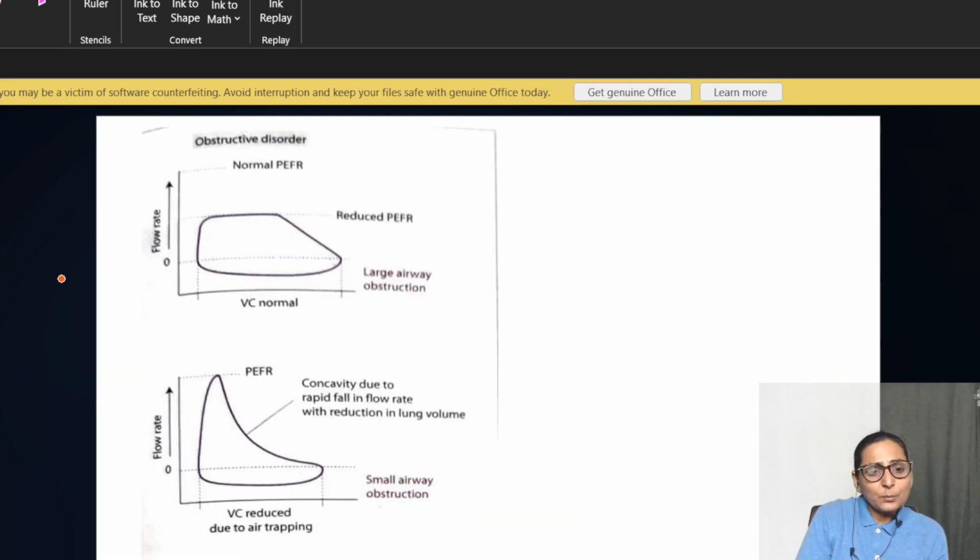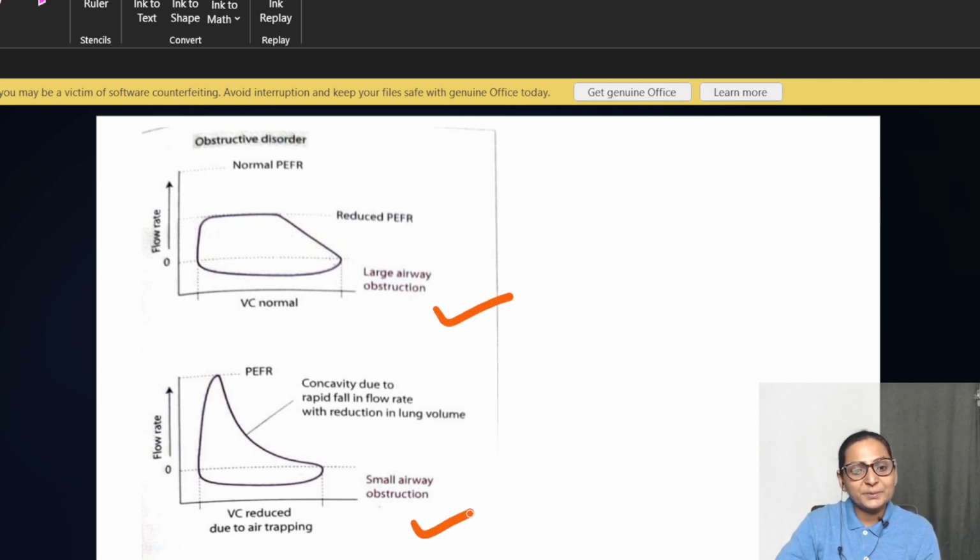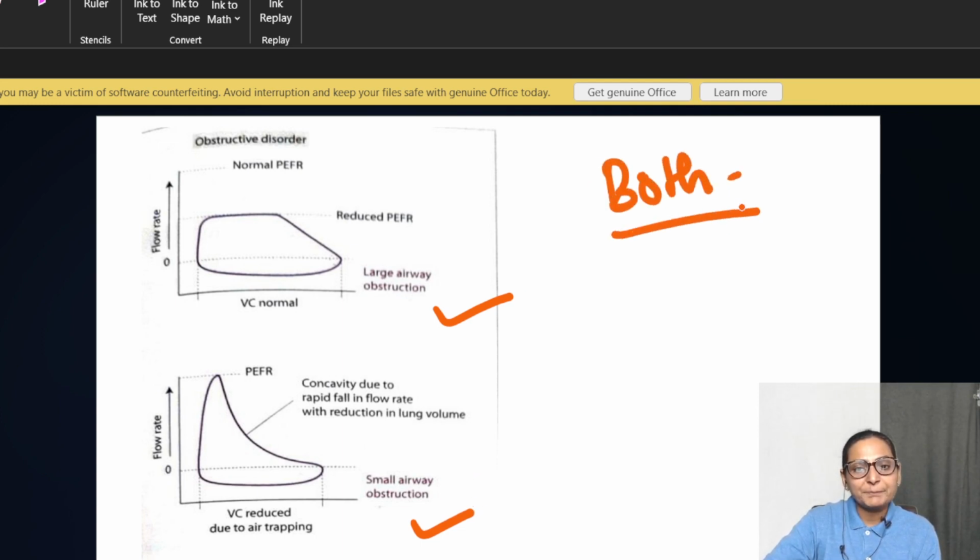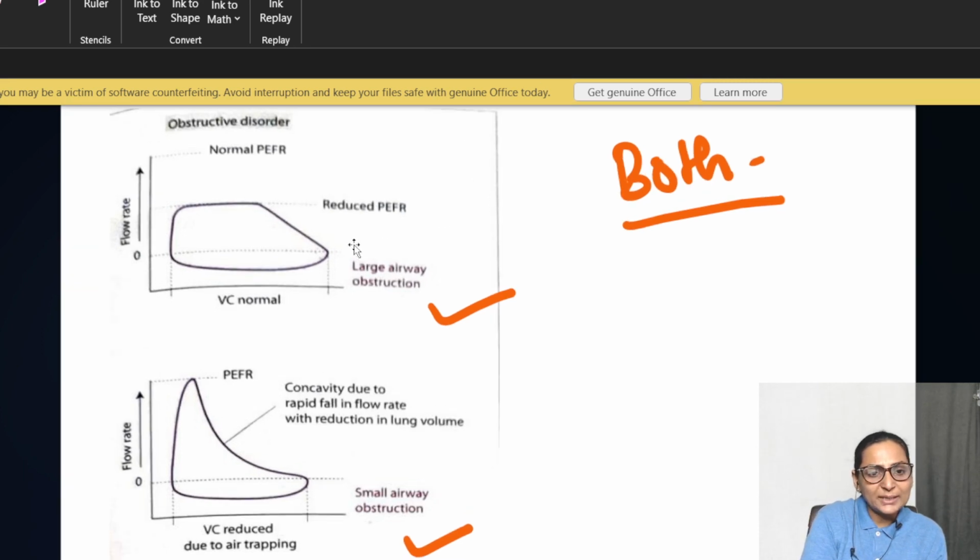Now, whenever there is airway obstruction, it could be a large airway obstruction, a small airway obstruction, or a combination of both. How do I come to know? Just remember that this is the normal PEFR, up till this point, and I can see that in this graph there is a decrease in the PEFR, whereas there is no concavity in the small airway portion.